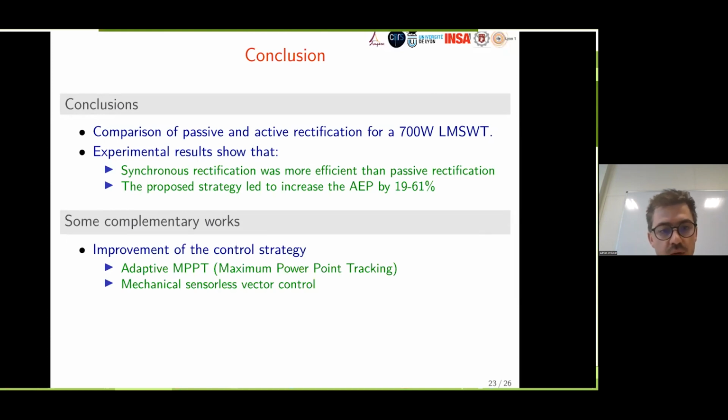We are working on some other aspects of the control strategy, which are adaptive maximum power point tracking, so finding which gain K of optimal torque control optimizes the power output, but online. And we are also working on mechanical sensorless vector control, and we have submitted a work for publication in this field.